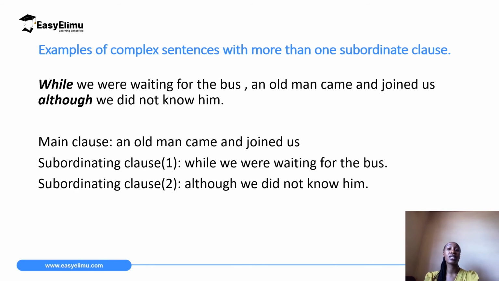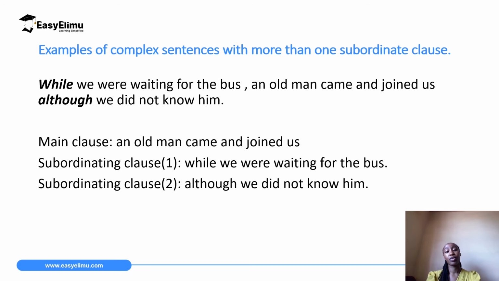So let us also have a look at a complex sentence that has the main clause and more than one subordinate clause. While we were waiting for the bus, an old man came and joined us, although we did not know him.